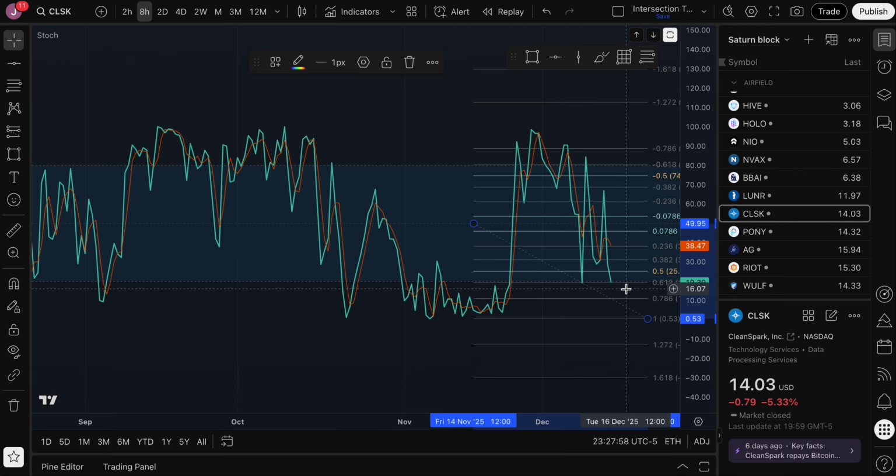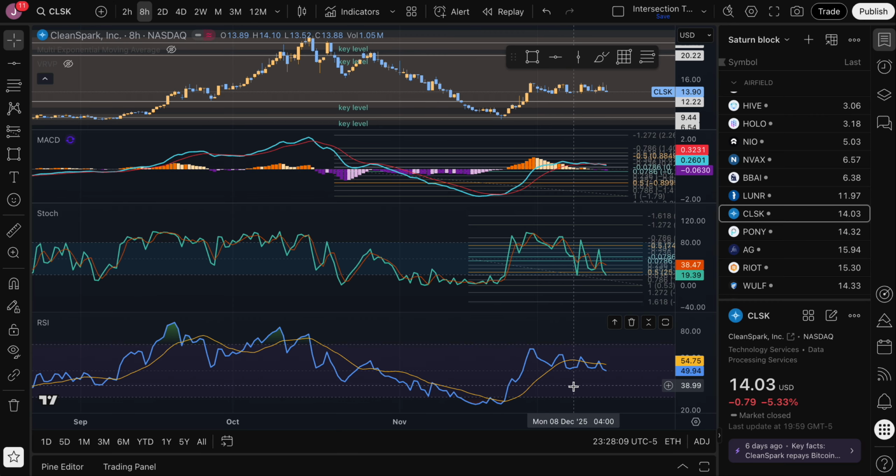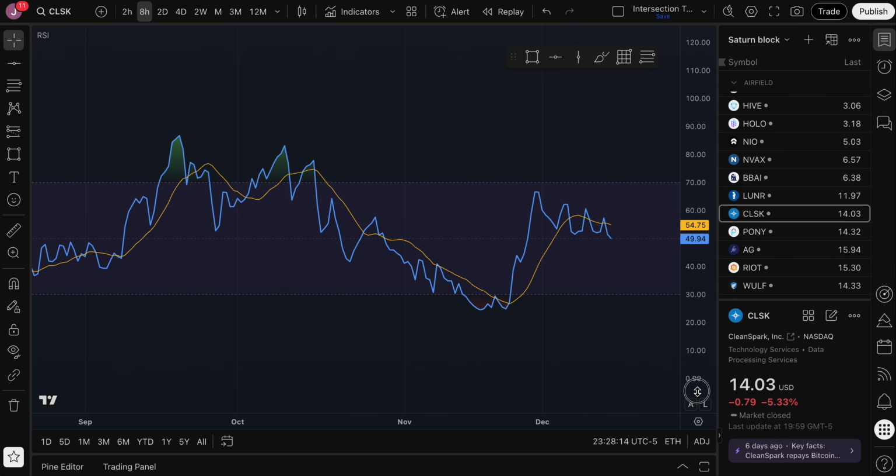But I like to have this on the 8 hour or whatever time frame I'm kind of actively monitoring. I usually watch the 8 hour and the 2-day once the trade's active. And then do one more here.